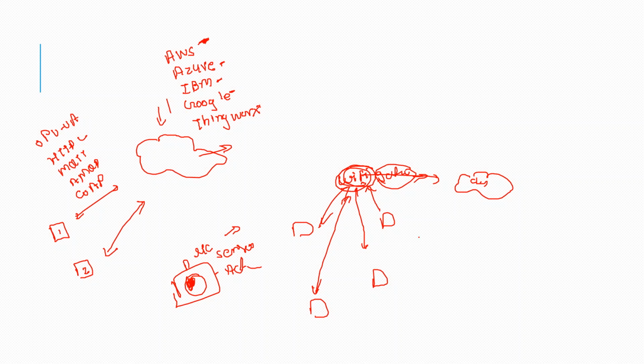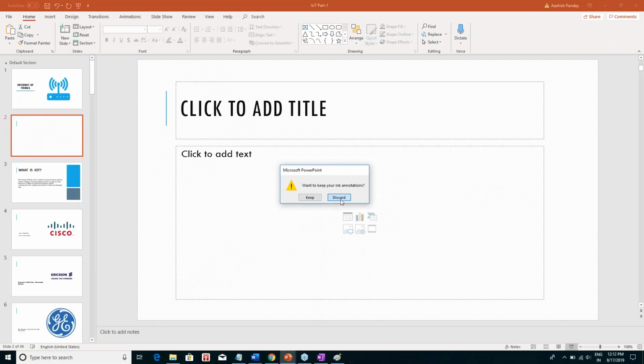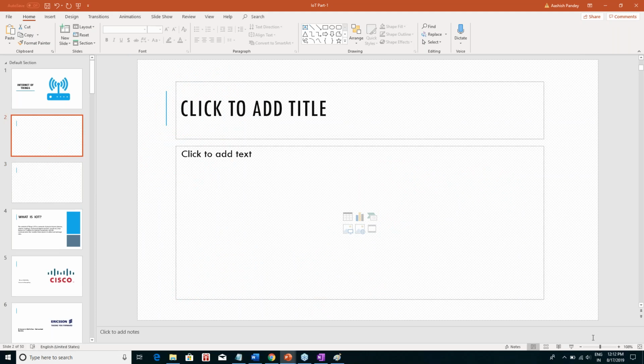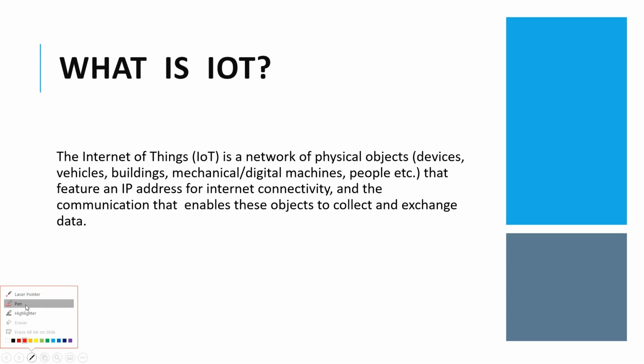So if I say what the architecture is in real time, we generally use different physical devices, and with each physical device we use a microcontroller, sensor, actuator, and wireless.